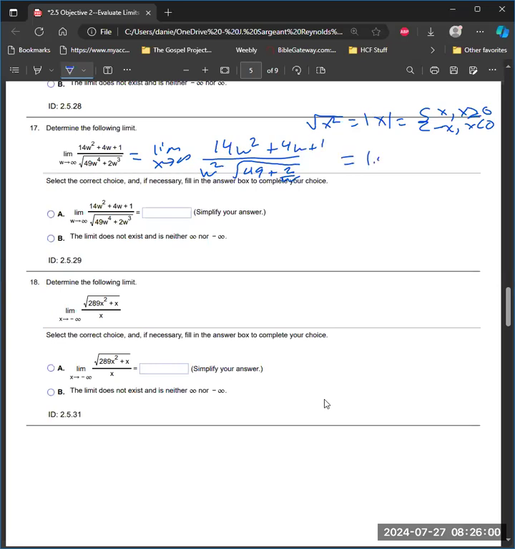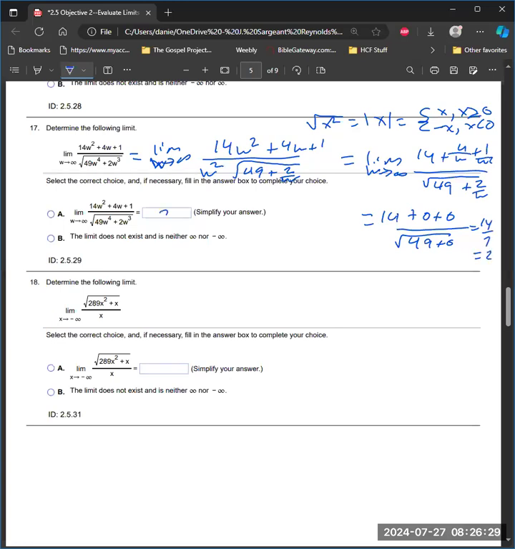So that's going to give me limit as w goes to infinity of 14 plus 4 over w plus 1 over w squared over the square root of 49 plus 2 over w. So this is going to be 14 plus 0 plus 0 over square root of 49 plus 0, which is 14 over 7, which is 2.